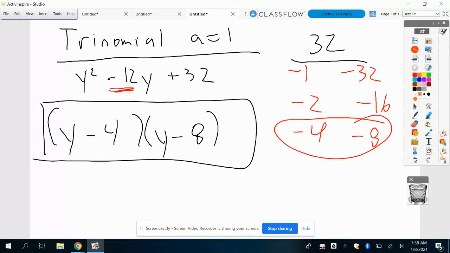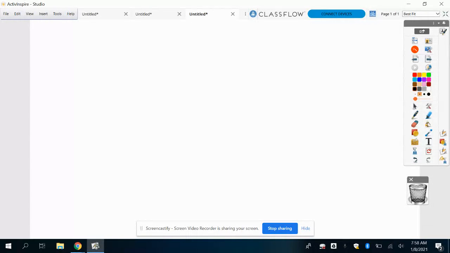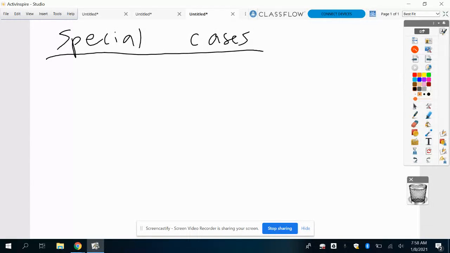Okay, the last problem that we have to look at is special cases. Here's our next problem, and again, it is a special case. Special cases usually have two terms, and there's a subtraction in between them.